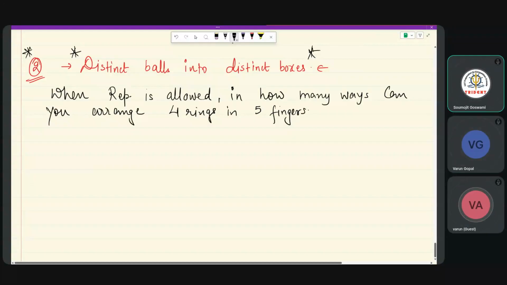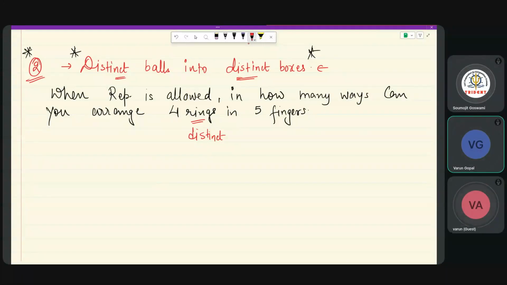Please understand one thing, my dear friends. This is where permutation combination becomes extremely difficult. People will ask, sir, are the rings identical or distinct? In this case, distinct balls, distinct objects. So the rings are distinct. That means one ring will have a pearl, the other will have a diamond, the other will have a coral, the other something else. You understand, right?